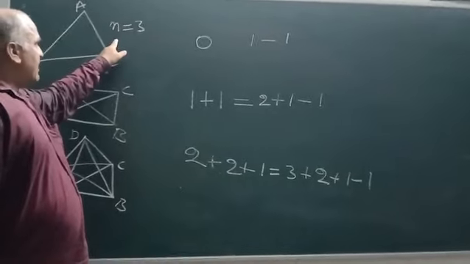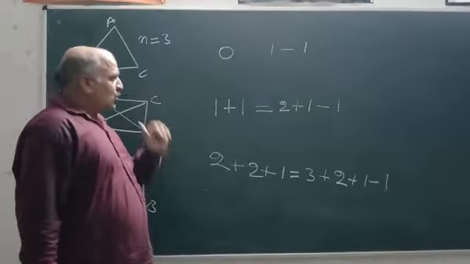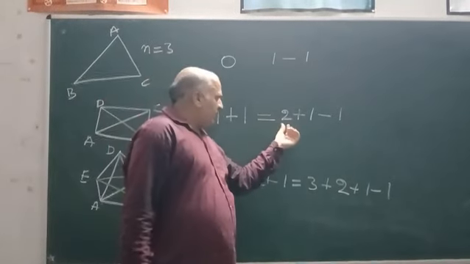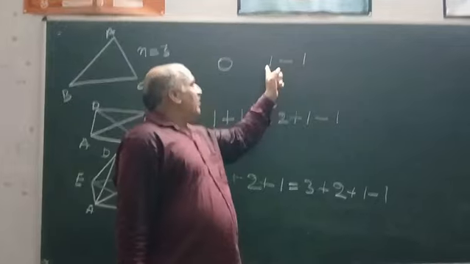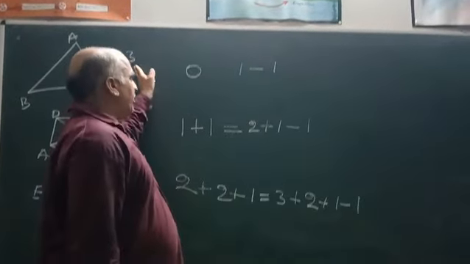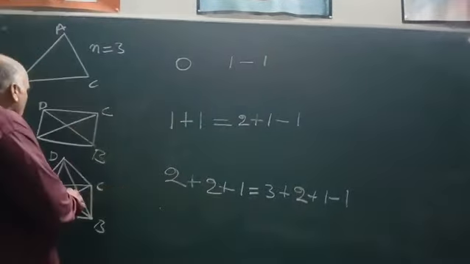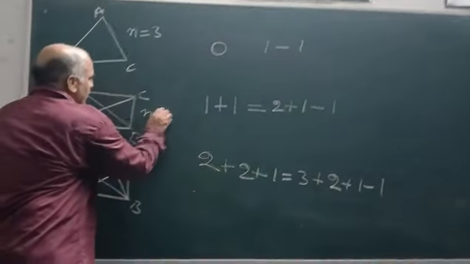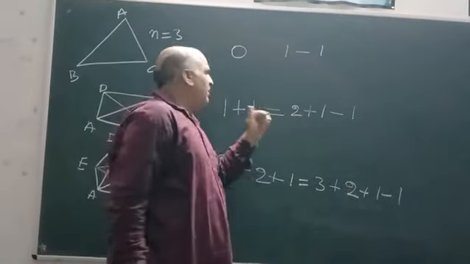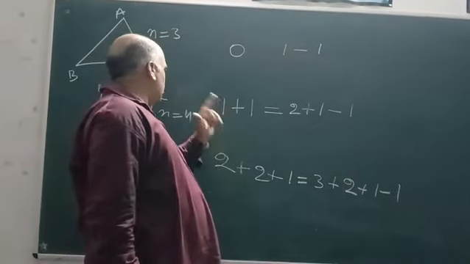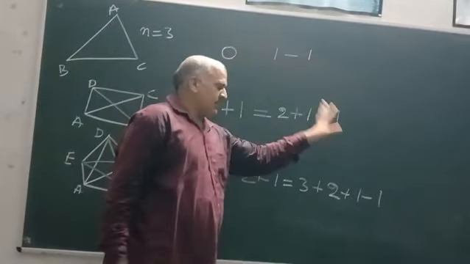A triangle has 3 sides, so the value of n is 3, and this series is starting from 2 less than 3, so from 1. In a quadrilateral, n is equal to 4, so this series is starting from a number which is 2 less than 4: 2 plus 1 minus 1.